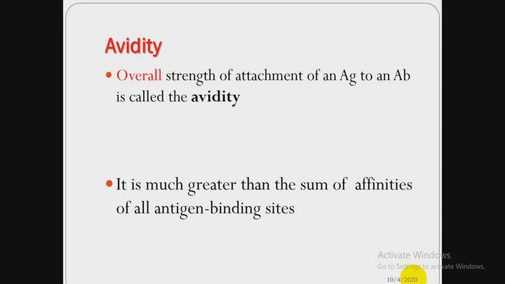If we have an antigen and an antibody, the overall strength of attachment of an antigen to an antibody is called avidity, and this avidity is much greater than the sum of affinities of all antigen antibody sites.